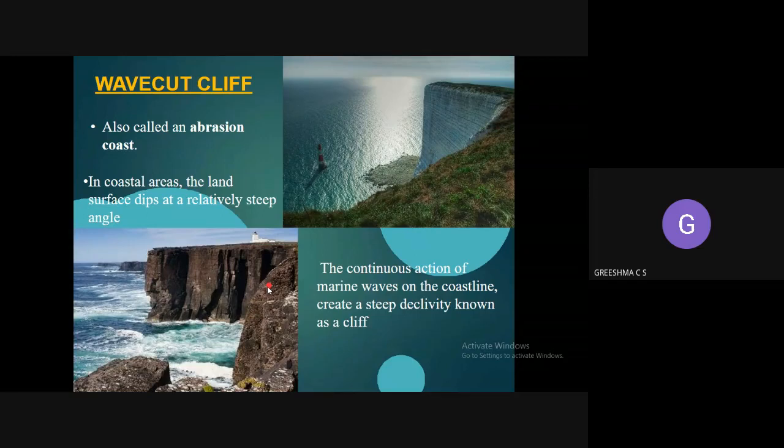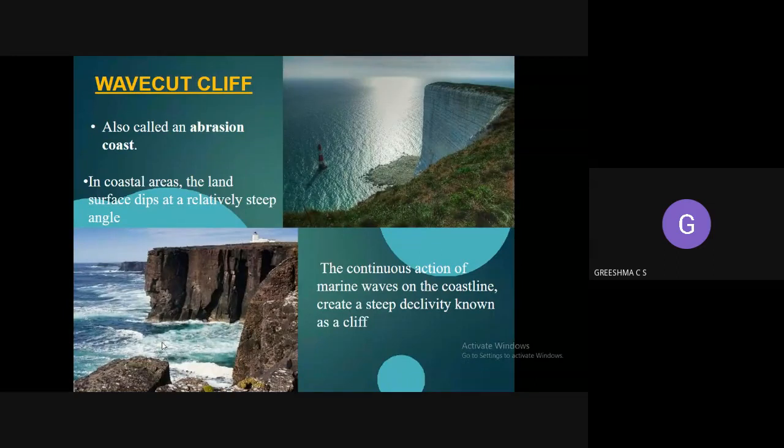It will be very high and almost vertical along the sea coast. So this is called as a cliff. So what do you mean by a cliff? A cliff is a rock mass which is very high and almost vertical that occurs along the sea coast.